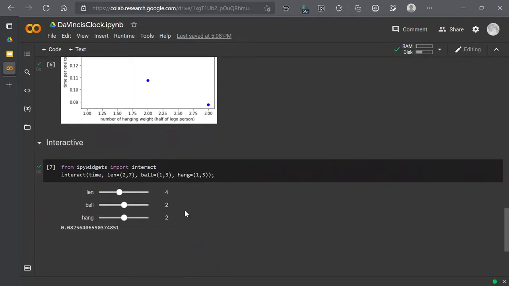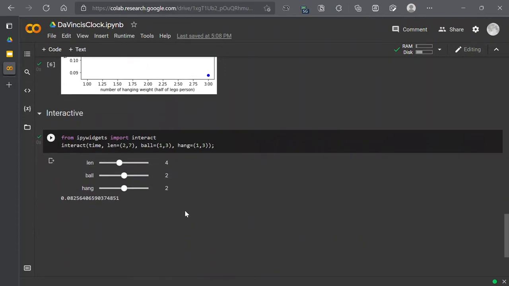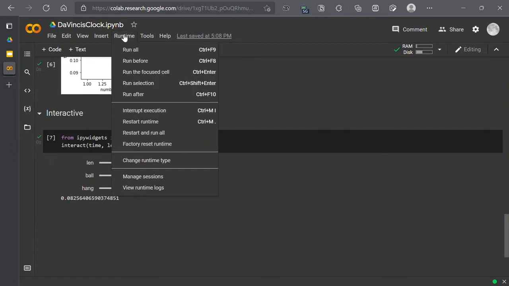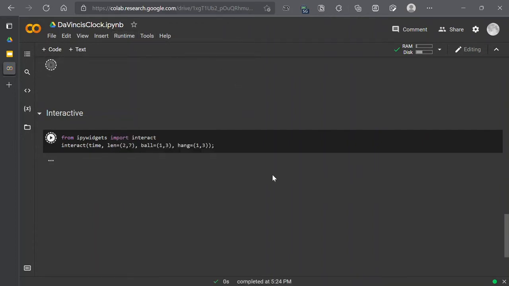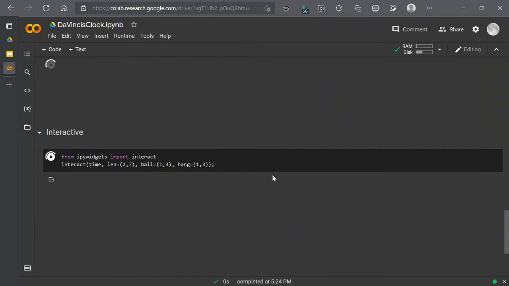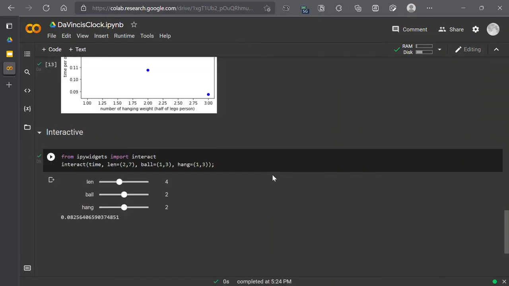And the last part, I made a simple interactive widget to try more values. So let me run this code first. Okay.